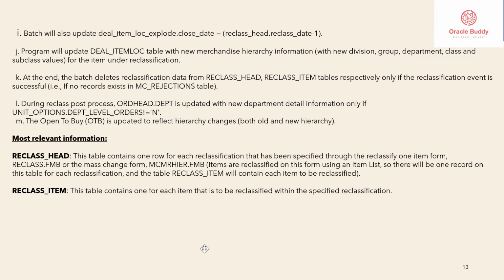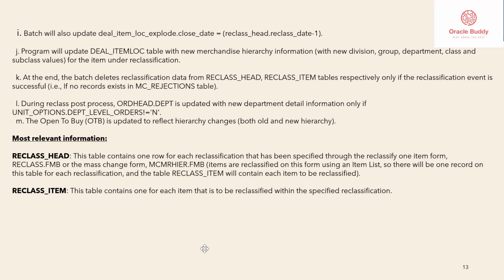So most relevant information: below are the two main tables. One is reclass head and one is reclass item. The reclass head table will contain one row for each reclassification that has been specified to reclassify one item, from the reclass form, reclass.fmb, or the mass change form, mcmrhire.fmb.